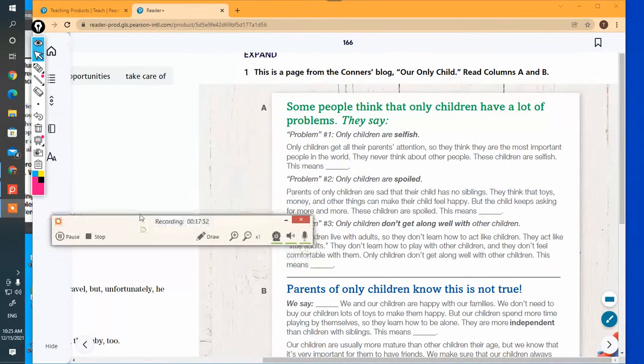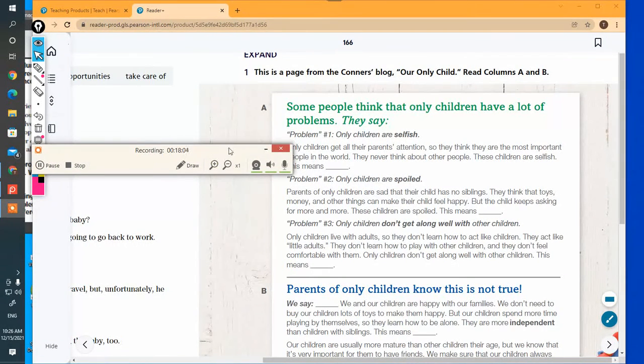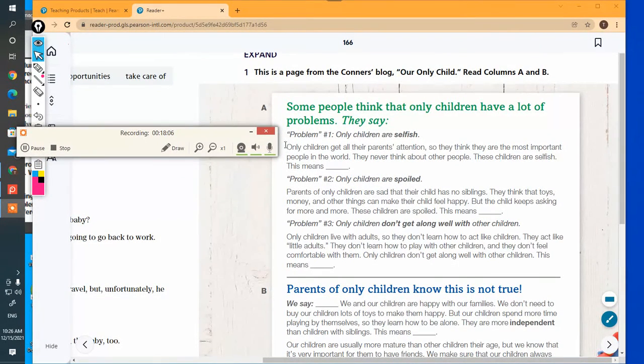The theme of column A is that some people think that only children have a lot of problems. And we find 3 different problems that people describe. And there's vocabulary here. In the first problem, people say that only children are selfish, and then we have a description of what makes a selfish child.